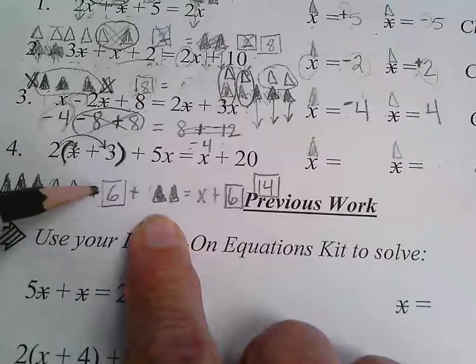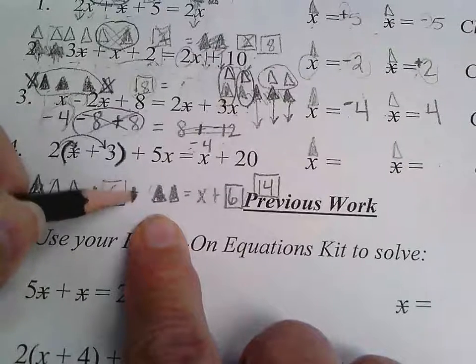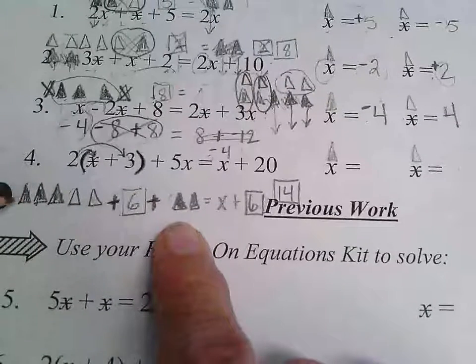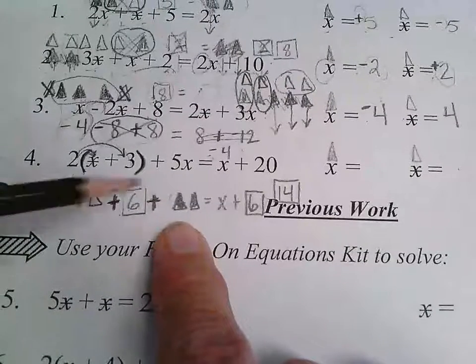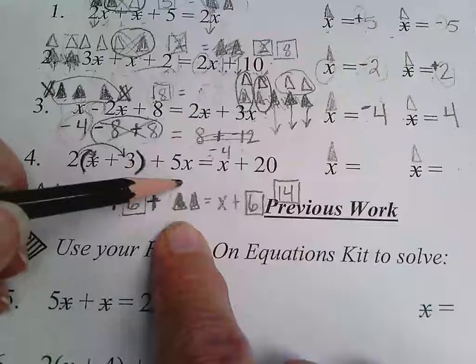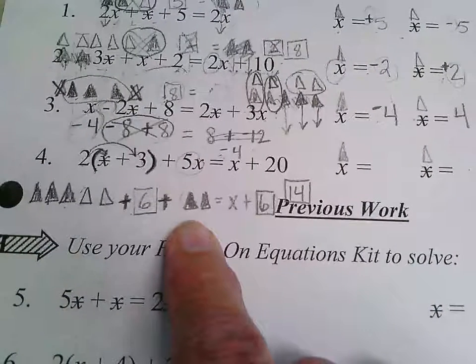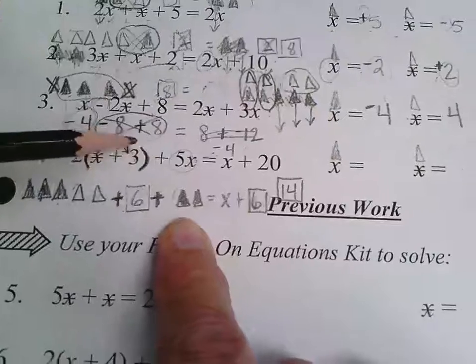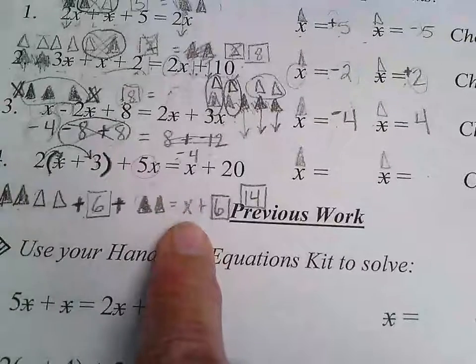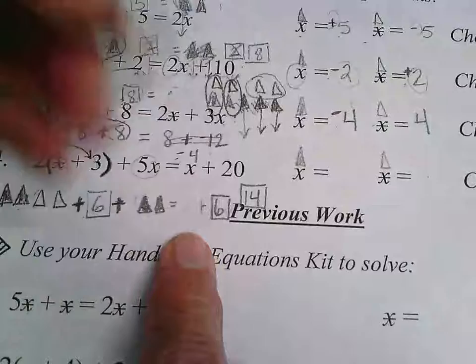When I'm adding, I can actually put these in any order. And 1, 2, 3, 4, 5, I still have my 5 blue pawns. So I'm going to replace this with a blue pawn.